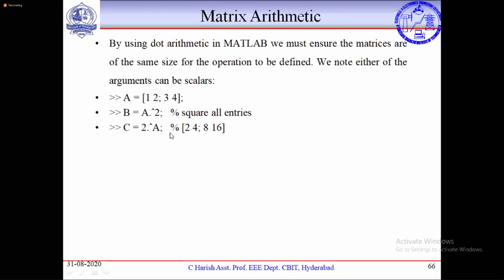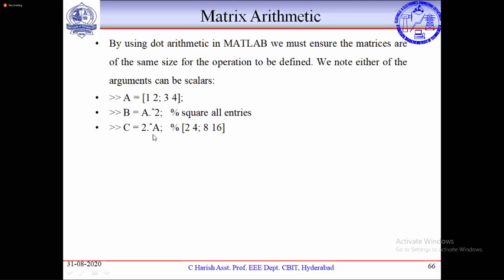Similarly, when you have A equal to 1 2 3 4, B equal to A dot power 2, it means each and every element we are going to square: 1 square, 2 square, 3 square, 4 square. Whereas when C equal to 2 dot power A, it is dot arithmetic, so 2 is raised to the power of each element value.